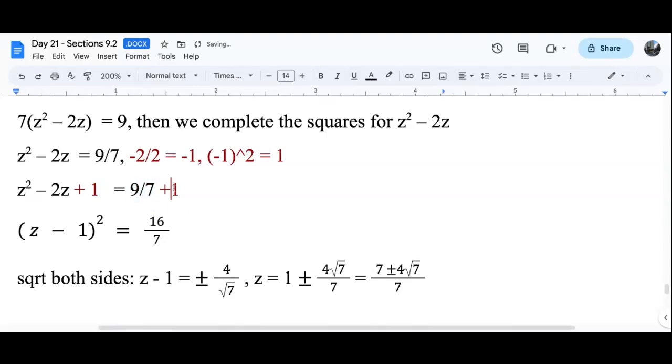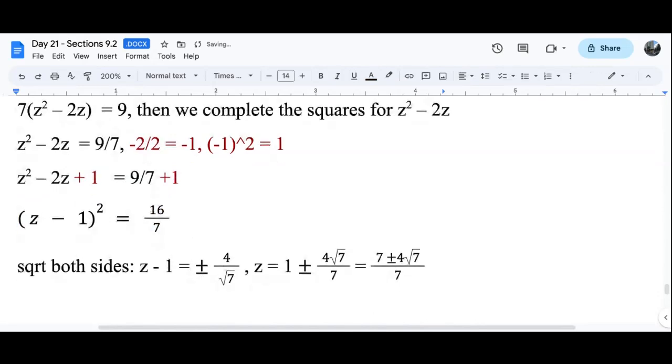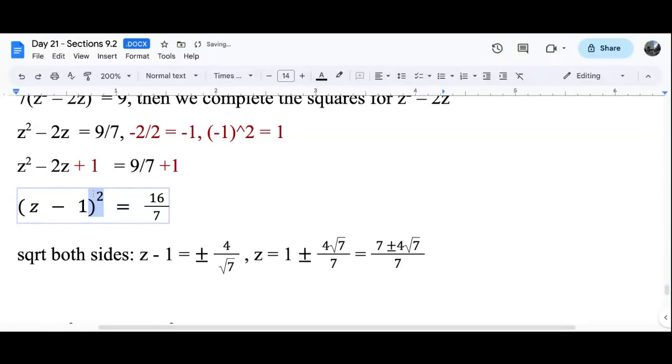And the 9/7, 1 is 7/7. Add together, that's 16/7. Square root. Square and square root, opposite operation. We square z minus 1, then we square root z minus 1, we get z minus 1 back.